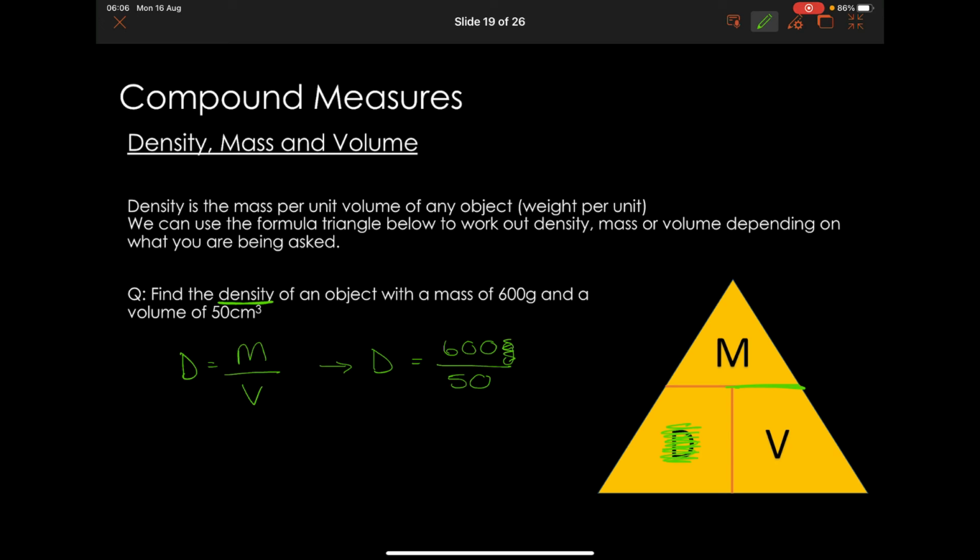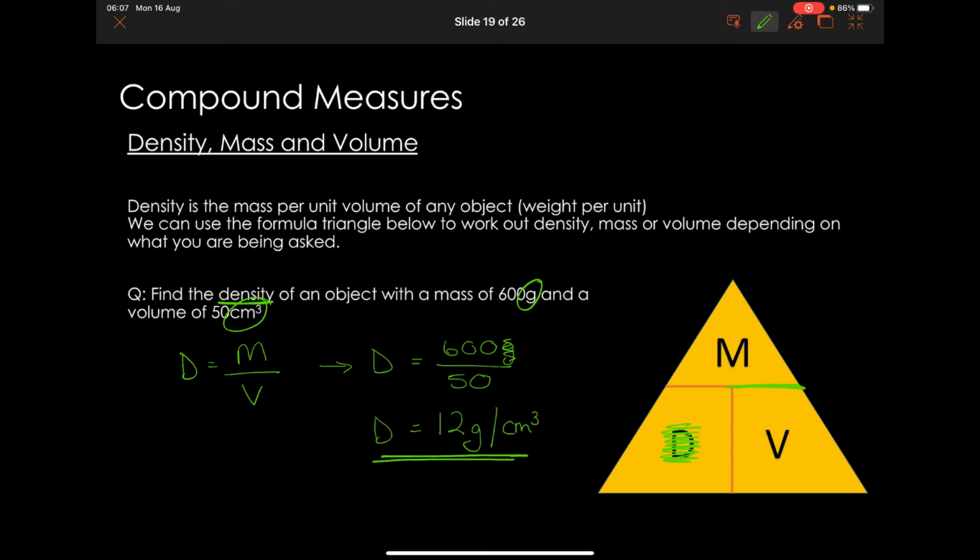If it's a non-calculator paper, you just work out how many 50s go into 600, which is 12. Because this is in grams and this is in centimetres cubed, our answer is grams per centimetre cubed. So for every centimetre cubed of volume, there are 12 grams of density in it. That's all you have to do to work that out.